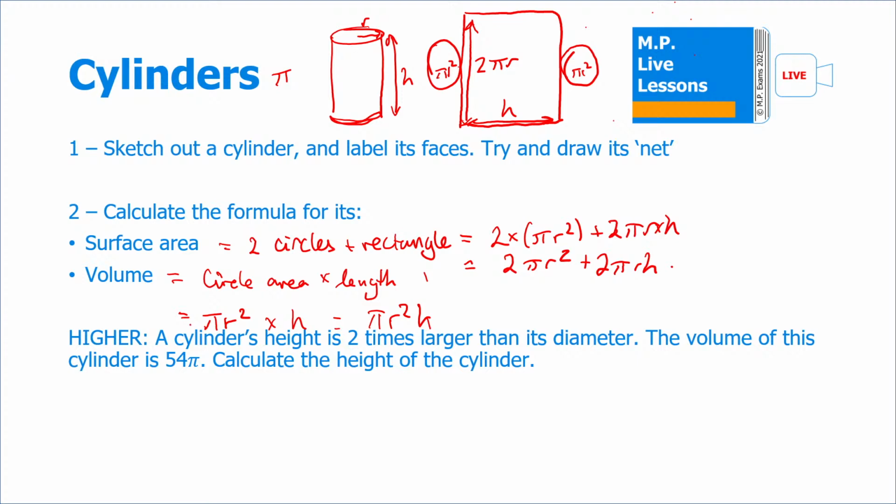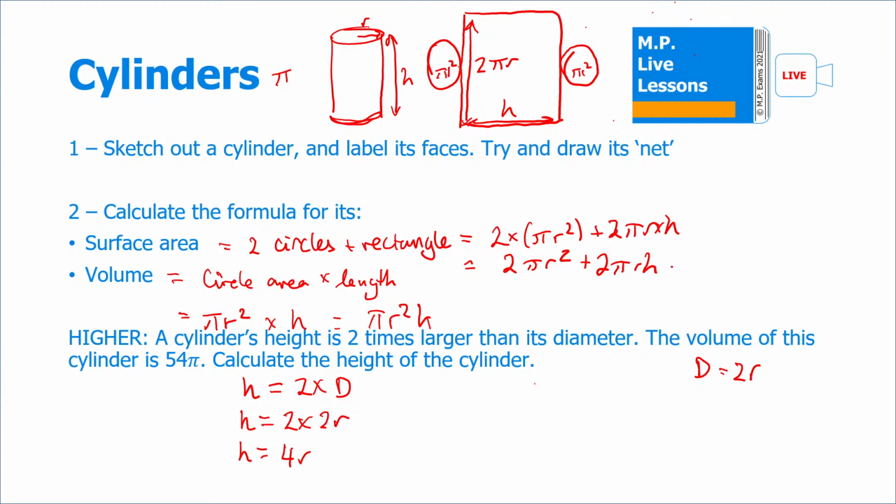So the height is 2 times larger than the diameter, and we know that the diameter is equal to 2 times the radius. Then that means the height is 2 times 2 lots of the radius. That means height is 4 lots of the radius.